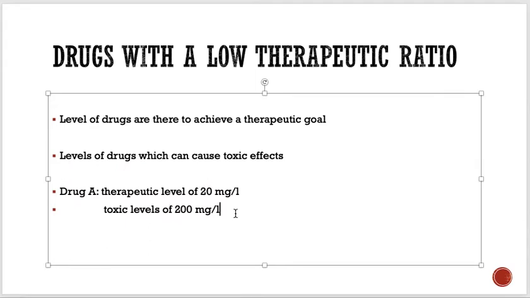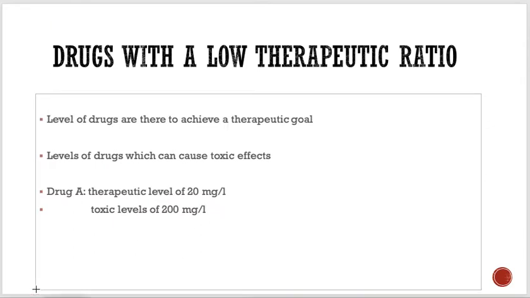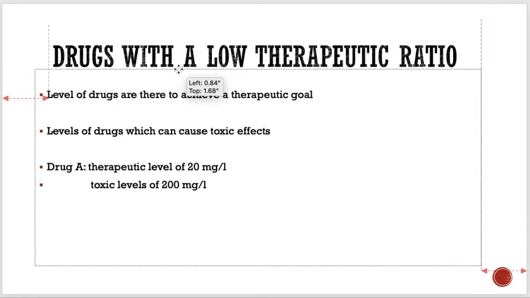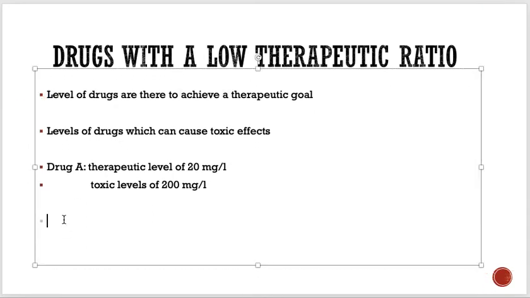Now, let's take one more example of a drug. For example, there is a drug B. Now, the drug B therapeutic level is 20 milligram per liter, but at the same time, the toxic level is 30 milligram per liter.